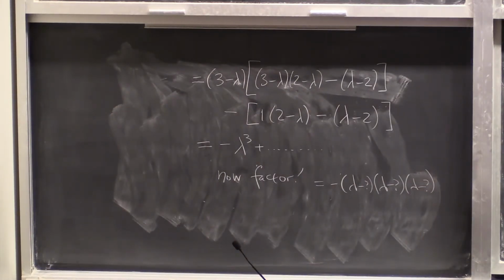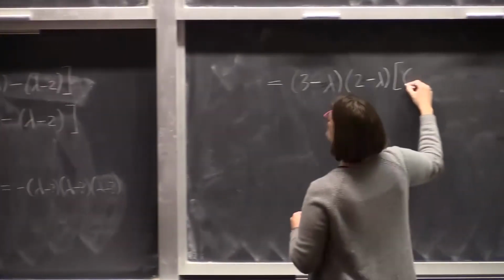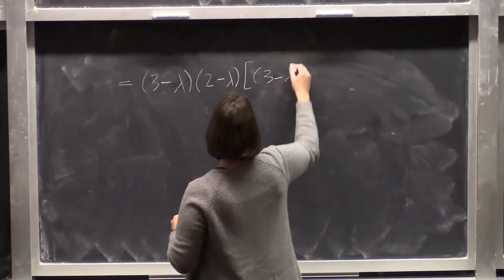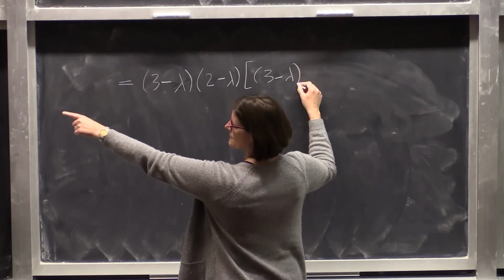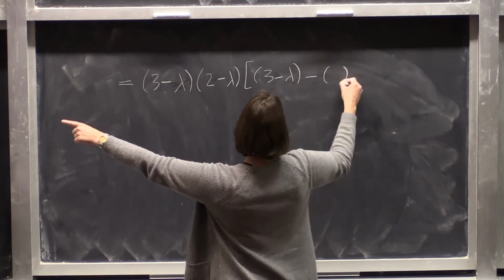So here I have 3 minus lambda. And in the first term, I have 2 minus lambda times 3 minus lambda. And what's left over from pulling out the 2 minus lambda? Minus what?